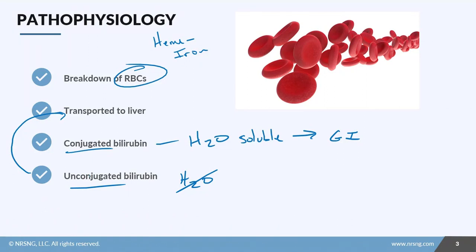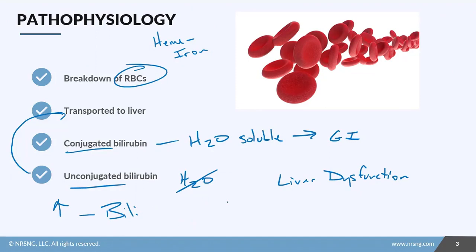In patients that have liver dysfunction, this process doesn't happen. Because it doesn't happen, you have an accumulation of unconjugated bilirubin. That means your bilirubin goes up.